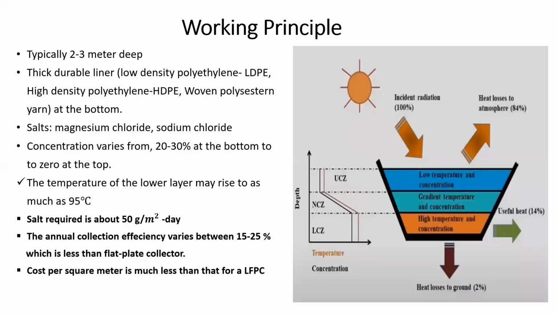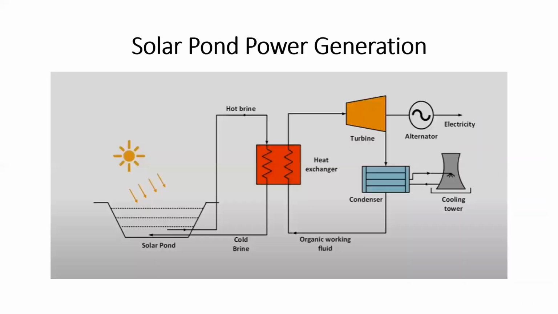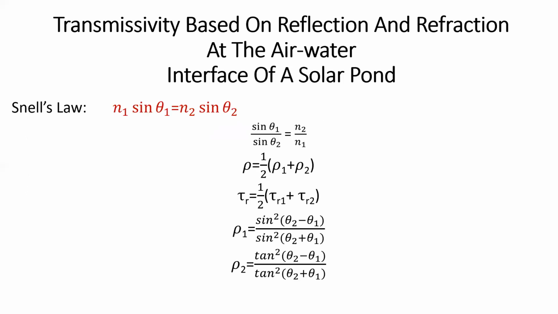So we have to consider reflection. We said that 84% is reflected outwards and only a small 14% is used as heat, and we also have to consider the absorbed and transmitted parts mathematically, along with the performance parameters.